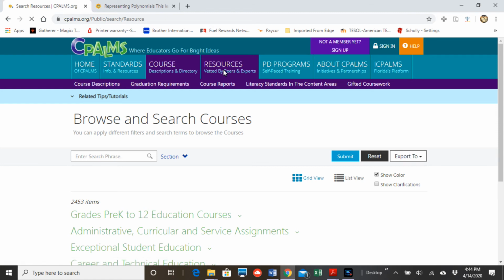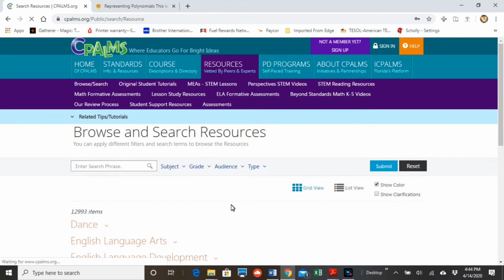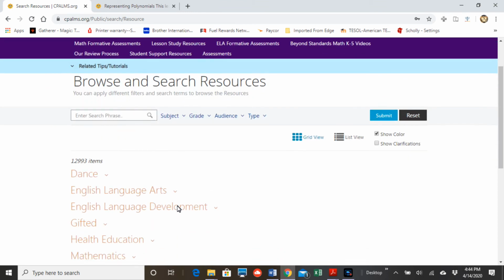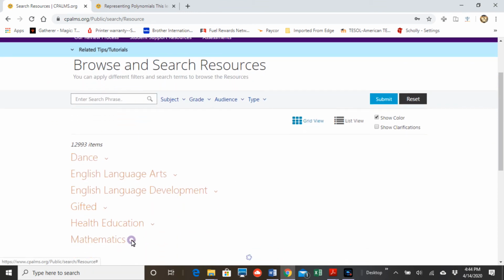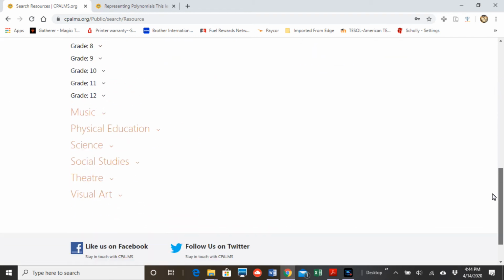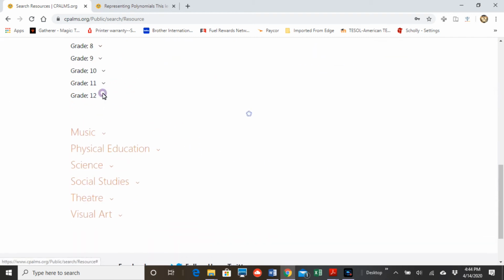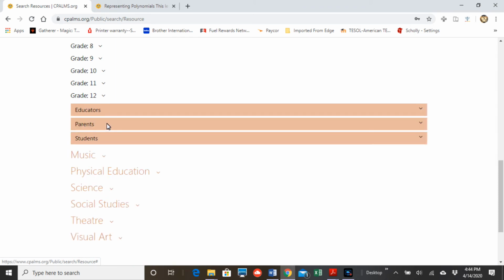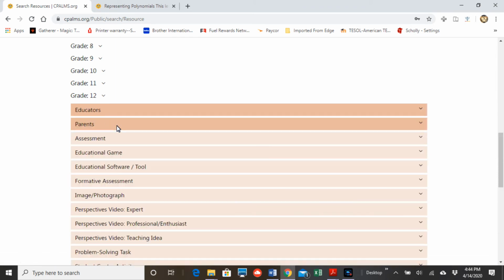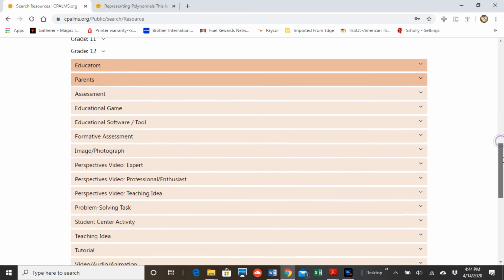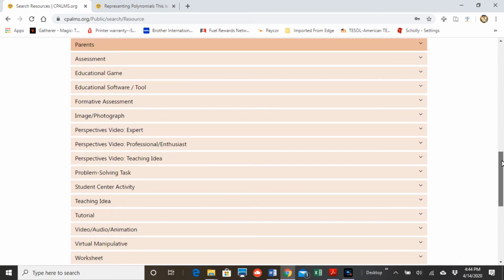These resources, as it says, are vetted by peers and experts, so you can further expand, which I believe is just the same thing. I don't think that there's anything different other than the text is in a different color. Oh wait, it is slightly different. Okay, so we have different schools.